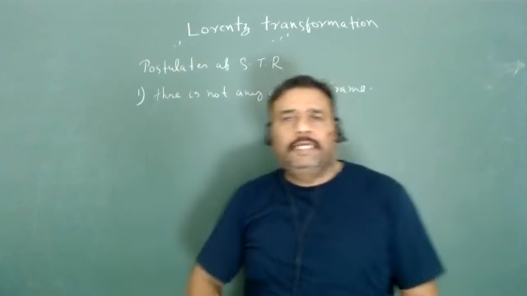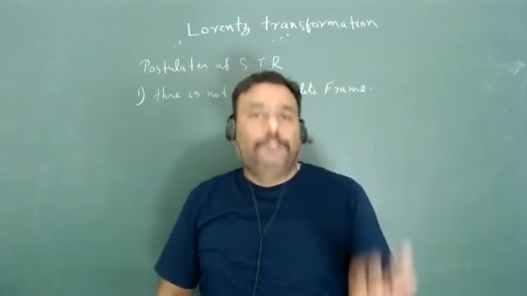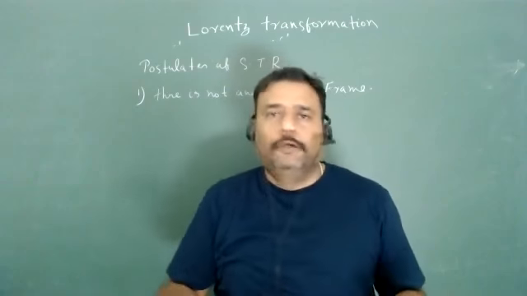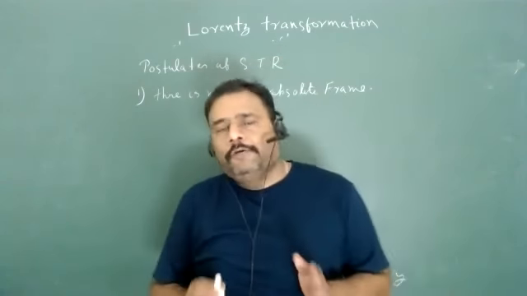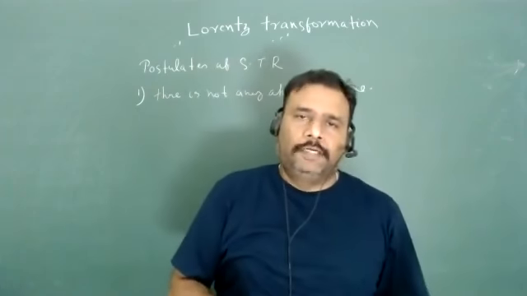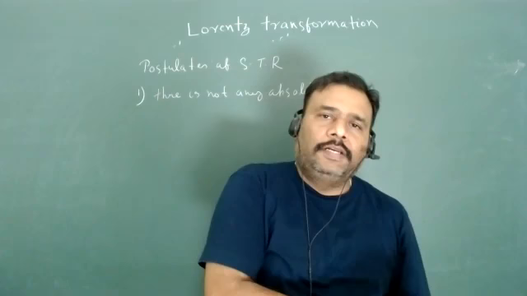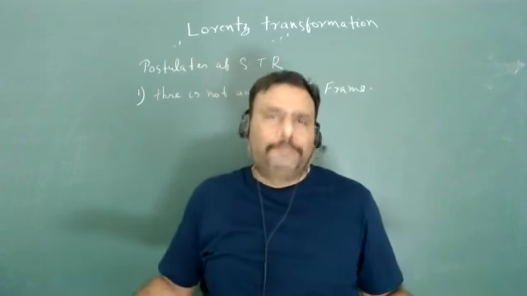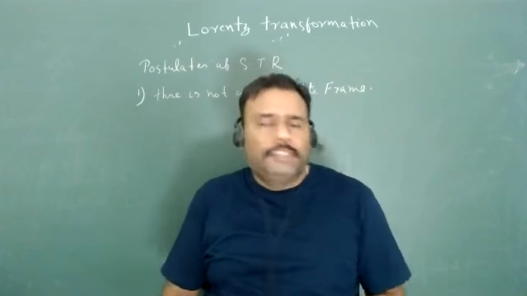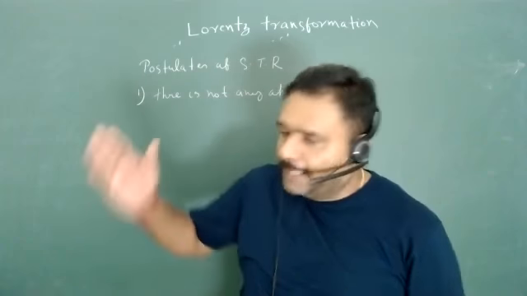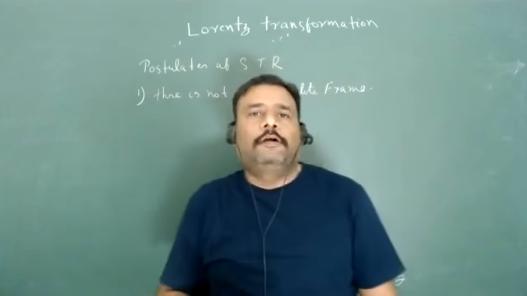You cannot say that one particular frame is absolute and all other frames are moving with respect to it. No. If you have one frame which is moving with respect to another frame, that means the other frame is also moving with respect to the first frame. Nothing is called an absolute frame. We cannot say this is only my S frame or this is only my S dash frame.